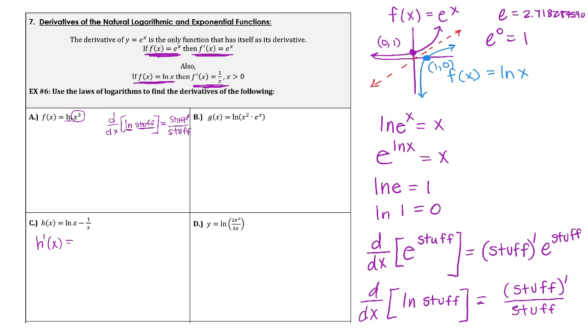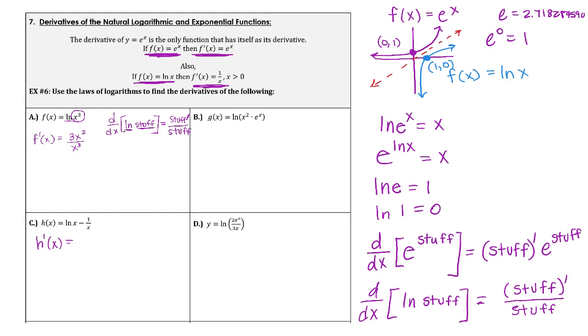All right, so f prime of x is going to be equal to stuff prime. So what's the derivative of x cubed? 3x squared back over stuff. What was the stuff? x cubed. Do you see ln anywhere in that derivative? And you're not going to. It disappears. It's magic. All right. Questions about it?